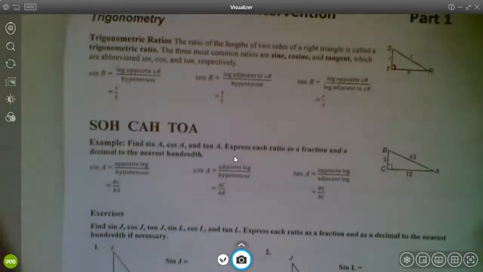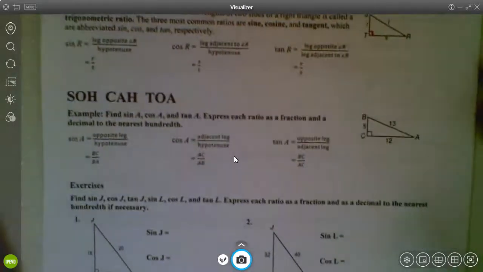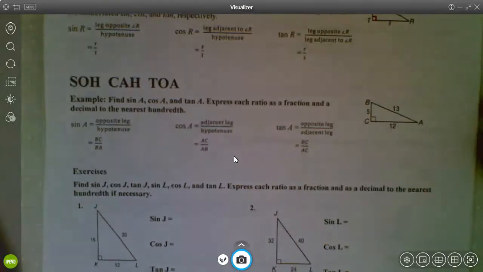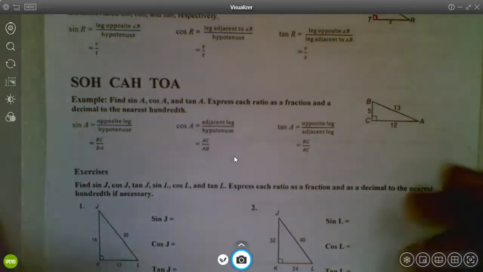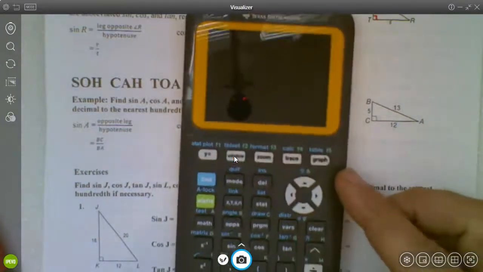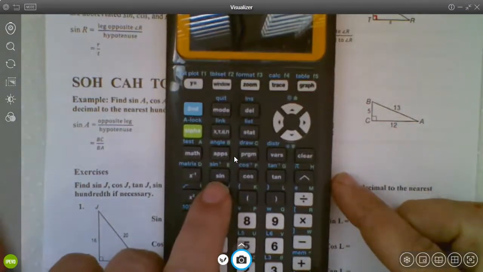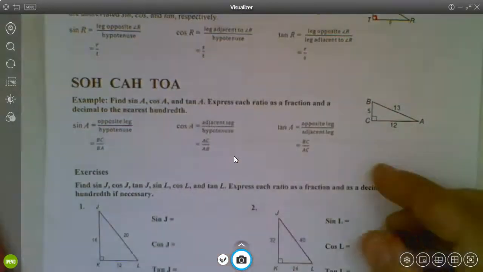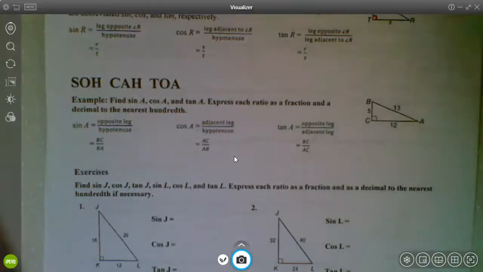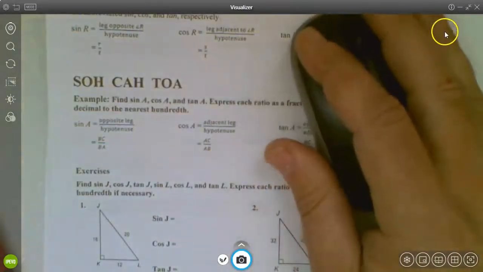In a little while, you will need to make sure you have access to a calculator that can do those three ratios. If you look at a basic calculator like this, notice on mine it says sine, cosine, and tangent. So you do want to have access to those. Most likely your cell phone does that. There's also free ones online that you can use.